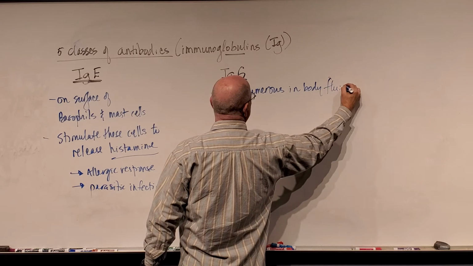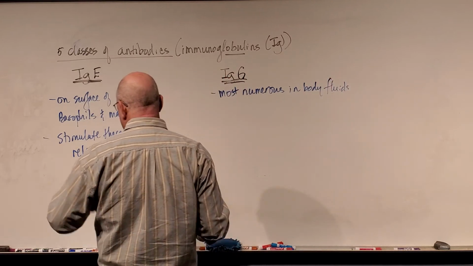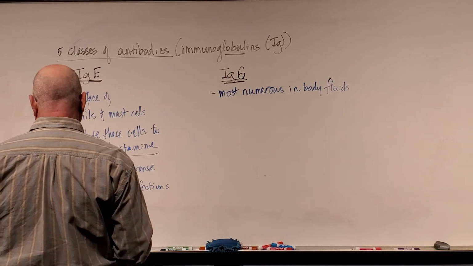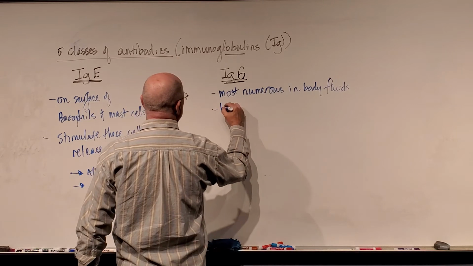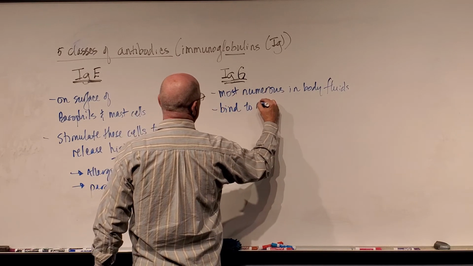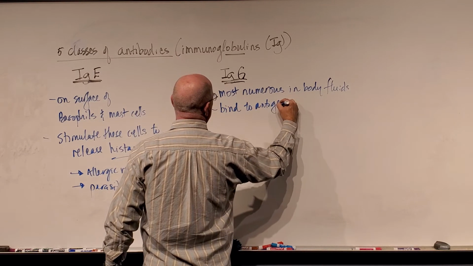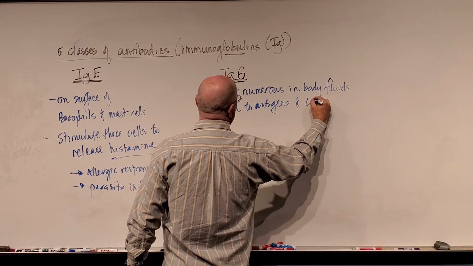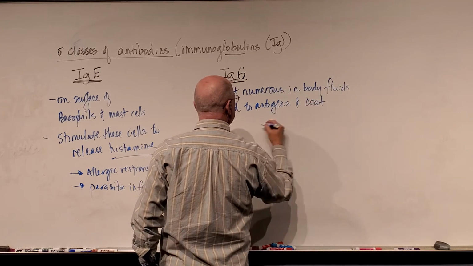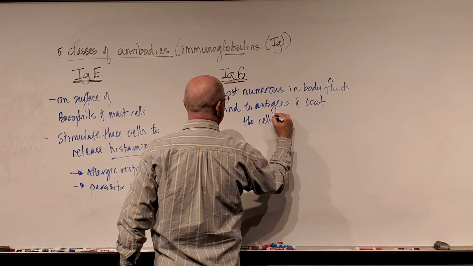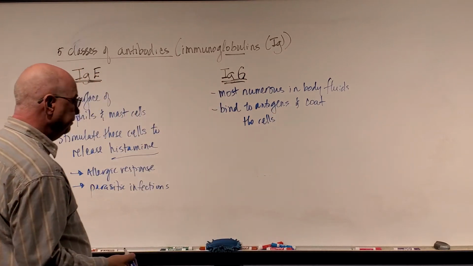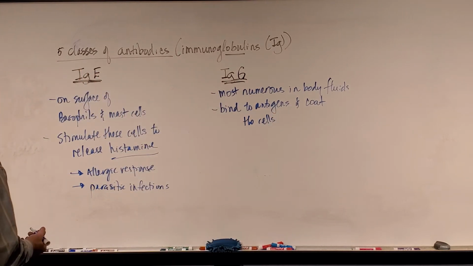There's tons of IgG in body fluids. They can bind to antigens and coat the cells that have that antigen on them.